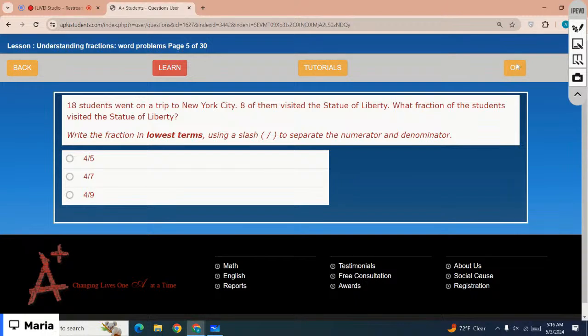18 students were on a trip to New York City. 8 of them visited the Statue of Liberty. What fraction of the students visited the Statue of Liberty? Which is the correct option?